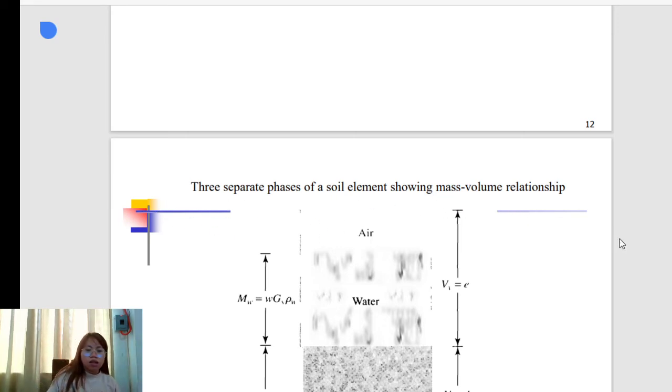The mass of the soil is actually equal to specific gravity times the unit weight of the water, and the mass of the water is equal to moisture content times specific gravity times unit weight of the water.